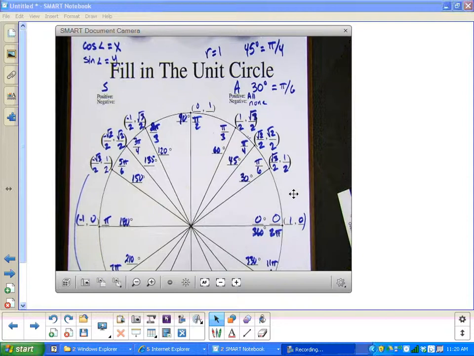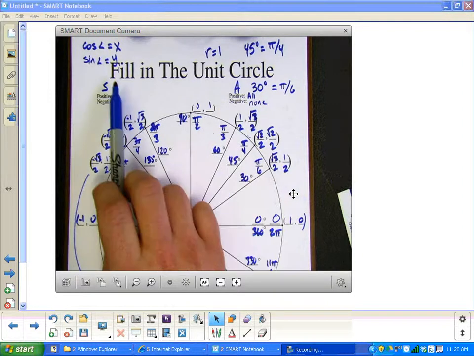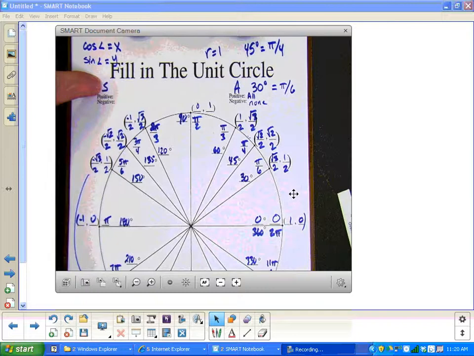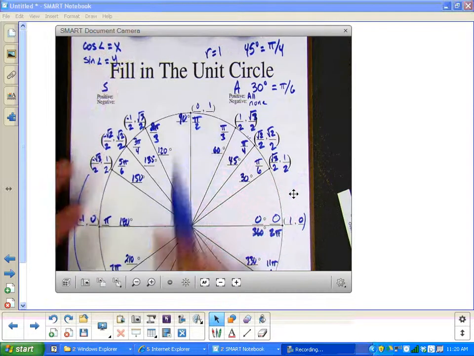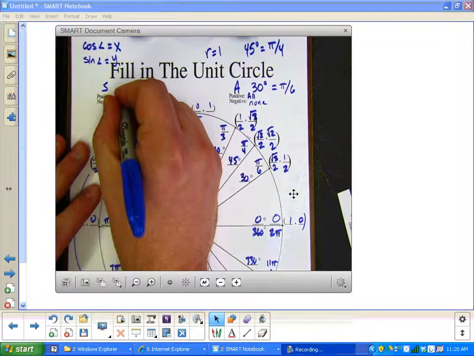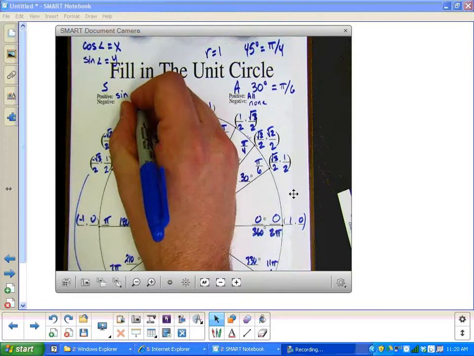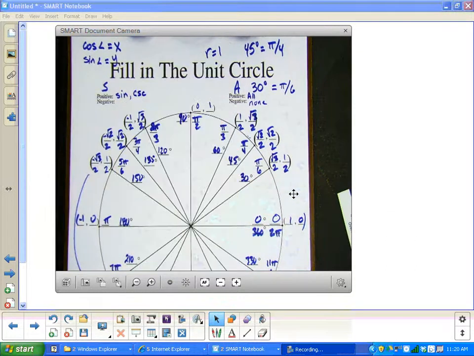All right, here we go. All seniors. Now, again, this is going to tell me which one's positive. Sine. Okay, now, if sine is positive, then you got to think a little bit. If sine is positive, the reciprocal would also be positive. So if sine is positive, then cosecant is positive. Does that make sense? You really figured that out.